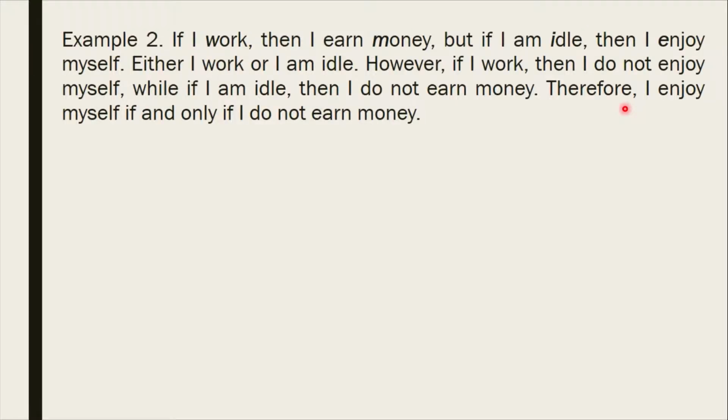If I work, then I earn money, but if I am idle, then I enjoy myself. Now, our first premise can be symbolized as W implies M, and because of "but," it implies a conjunction. If I am idle, we're going to use I, then I enjoy myself is E. Proceeding to our second premise, either I work or I am idle.